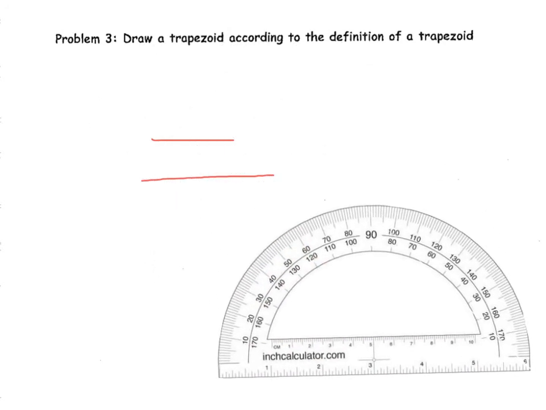So now I have my parallel sides. Now, I could make, technically, another set of parallel sides, but I'm not going to in this case. So now I'm just going to connect my ends, and I'm going to use my ruler to try to make them straight.